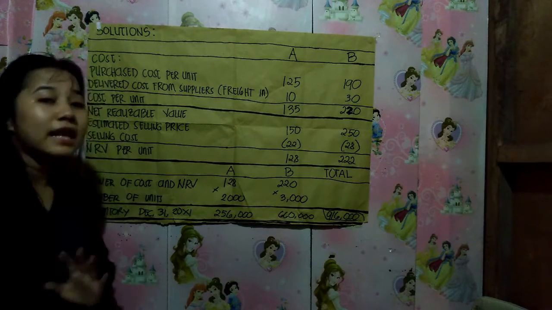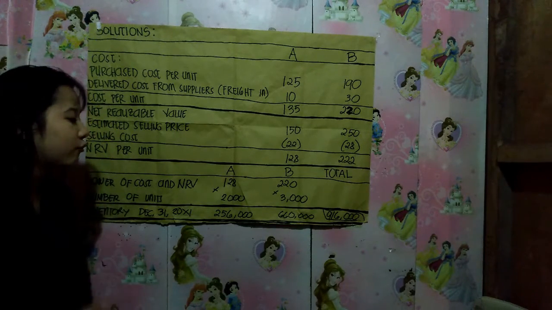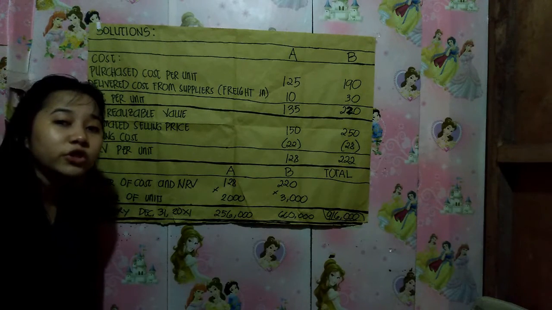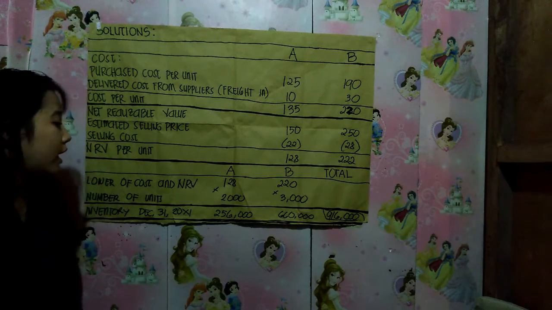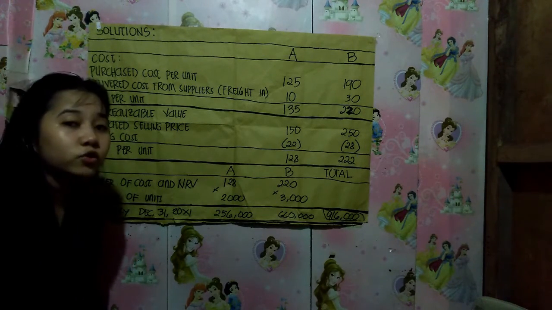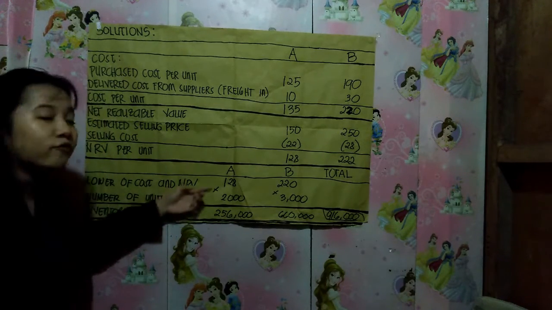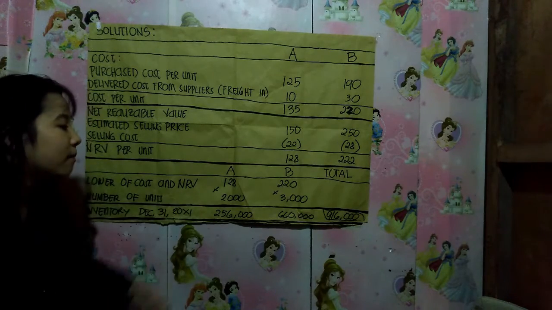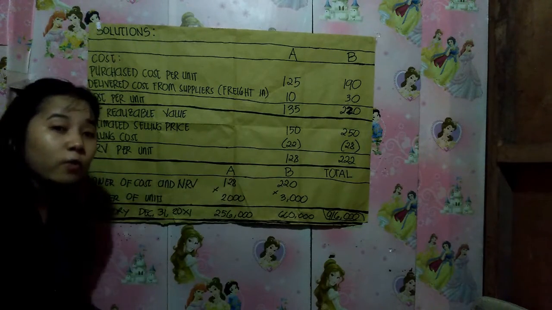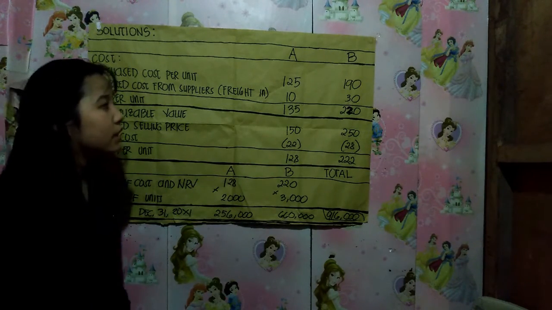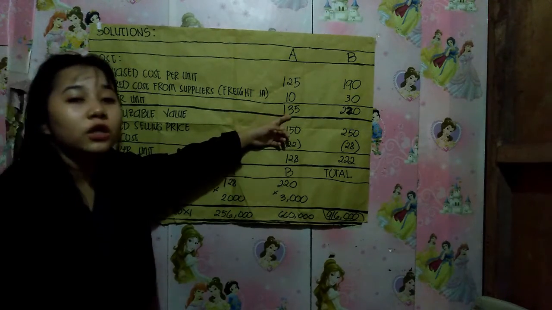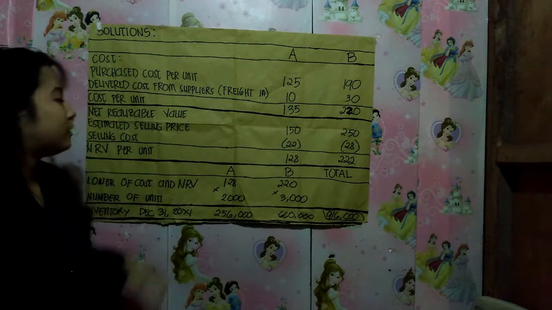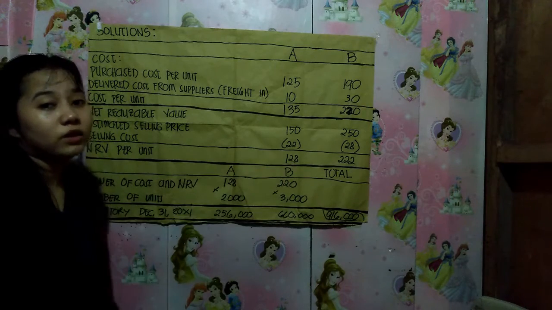So this is the last step. The last step to find the inventory at December 31, 20x1 is to solve the lower of cost and NRV. So the lower of cost and NRV for A is 128. Why 128? It's because for A, the cost per unit is 135 and the NRV per unit is 128.